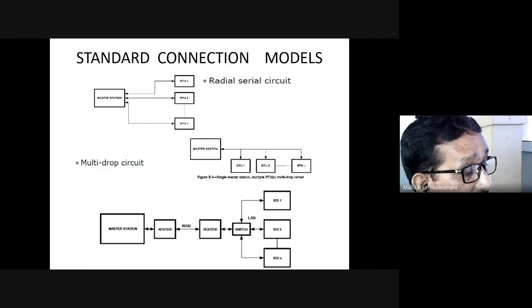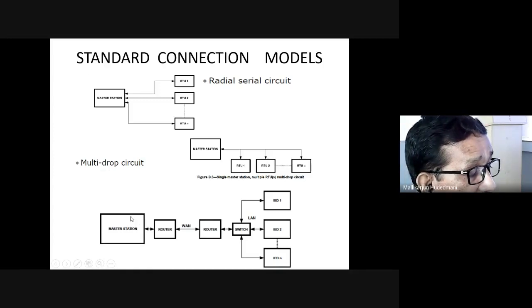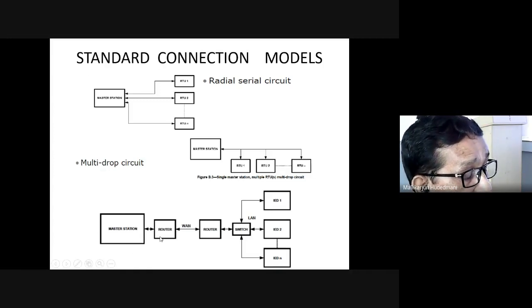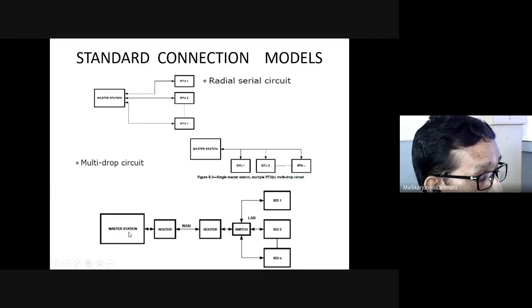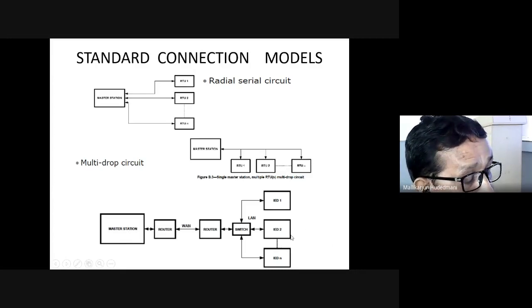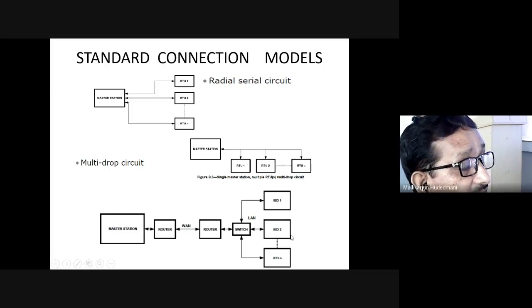How can we extend it? Suppose a master station has a router, the networking connecting mechanism, and it has wide area network connectivity between the master station and the remote end field station or even RTU.